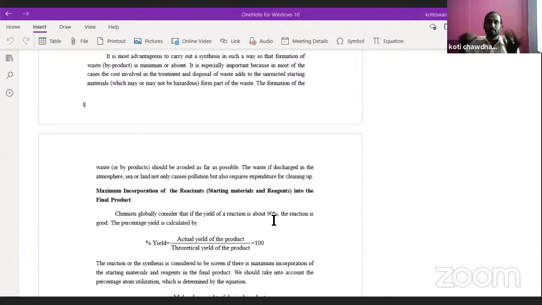Along with the yield decreasing, we are wasting starting material. Therefore, this impacts cost, time, and energy. These things are highly affected during synthesis whenever it involves the formation of so much waste and byproducts.